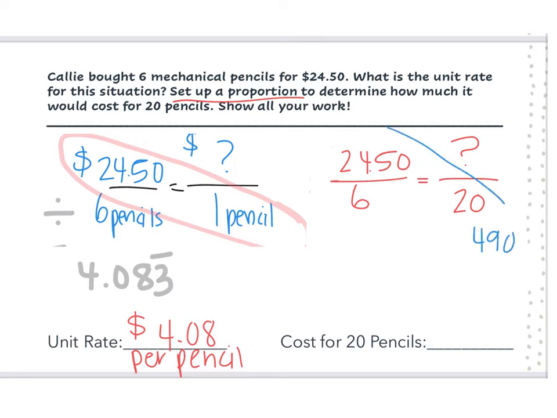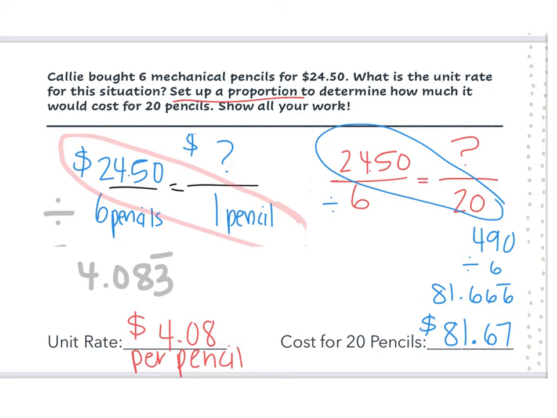That's our diagonal when you multiply, and then we're going to divide by what's left. So divide that by 6. And 490 divided by 6 is going to give us 81.666, so it's repeating.